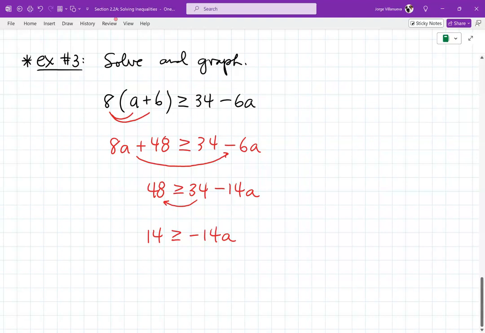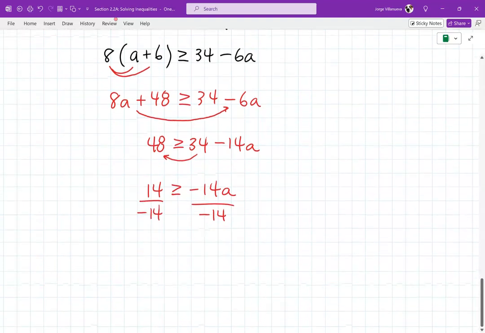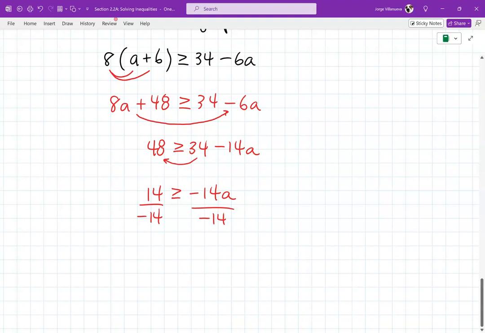And now I'm going to divide both sides by negative 14. If I divide both sides by negative 14, what do I get on the left side? Negative 1. Do I do anything with the symbol? Yep, I got to change it.